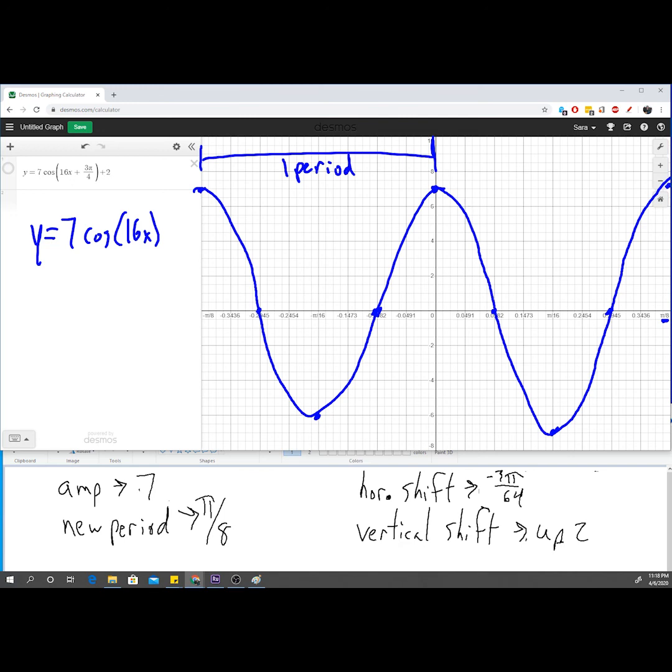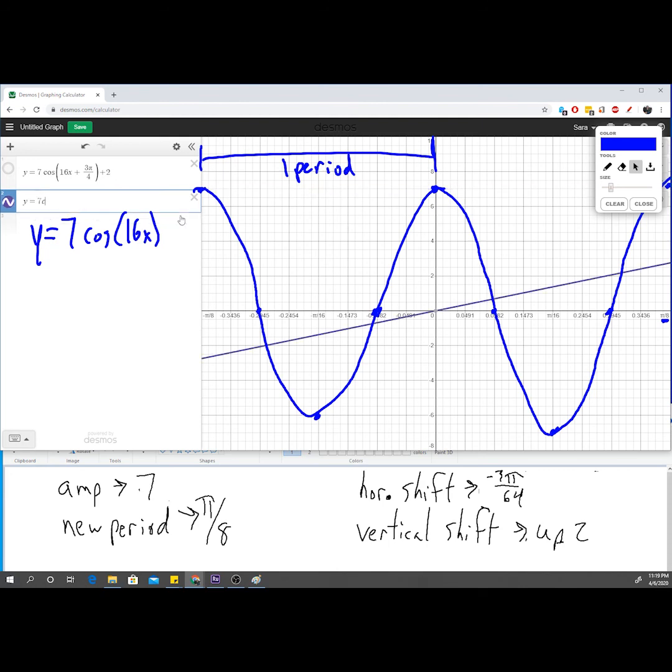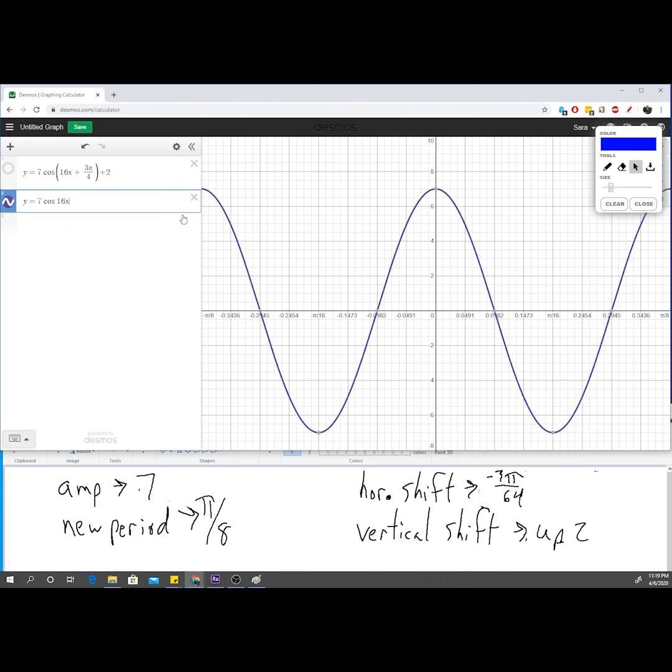All right, so once you've got that, let's prove to you that I know what I'm talking about. We have here y equals 7 cosine of 16x. See it in the same place.